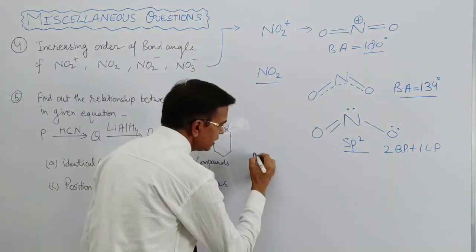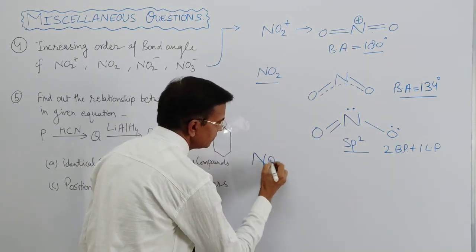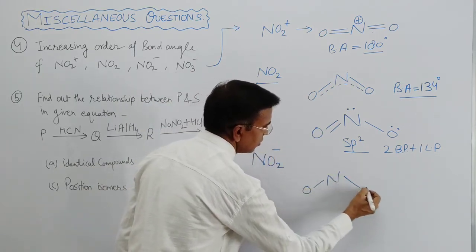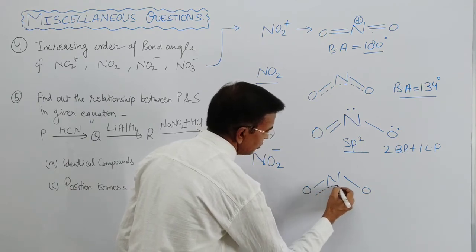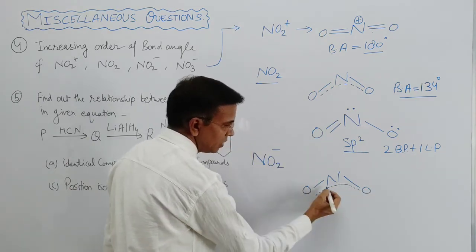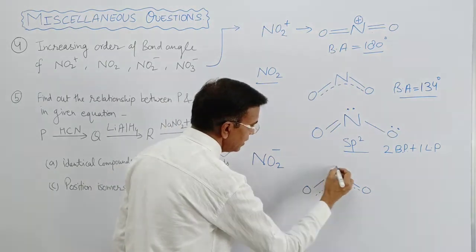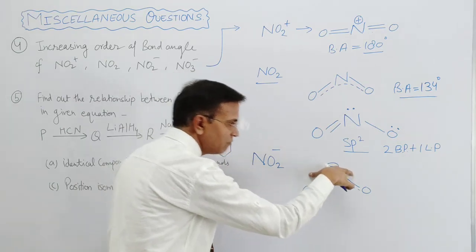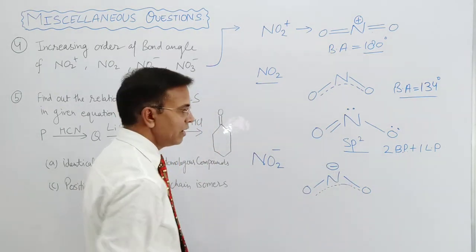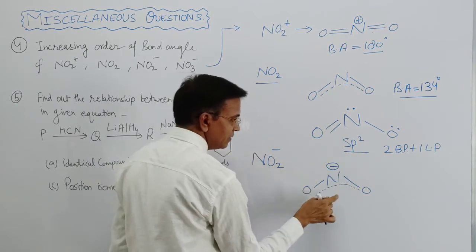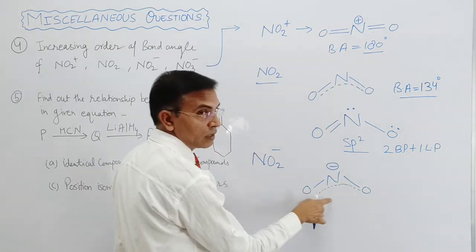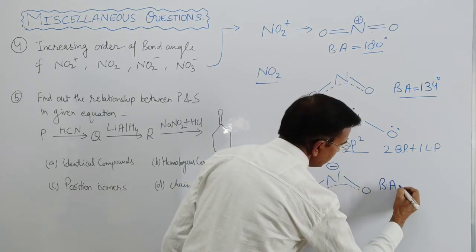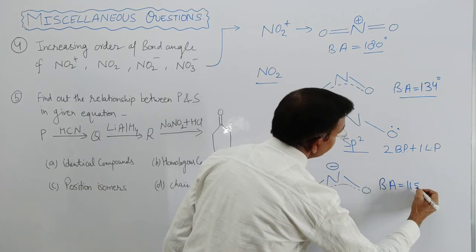Now the NO2 negative. In this, nitrogen and oxygen, delocalization of pi electrons, double bond, and here is the negative charge. Because of the negative charge, some more repulsion is focused on the bond angle in the molecule, and the bond angle becomes less. So the bond angle is equal to 115 degrees.